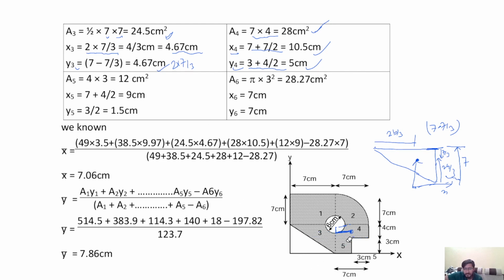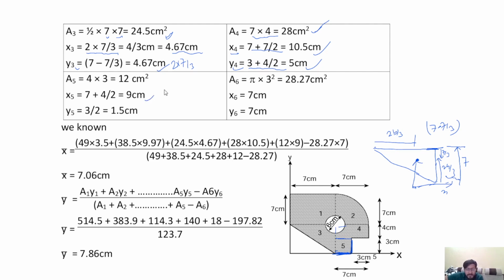A5 is the area of figure 5, which is equal to base and height. The base is equal to 4 centimeter and the height is equal to 3 centimeter, which is shown by this figure. The dimension is clear in this figure.